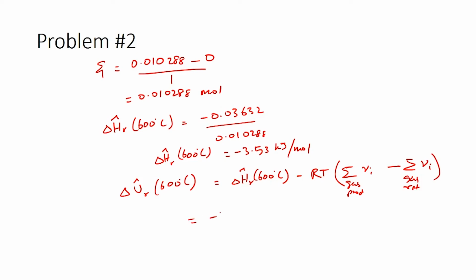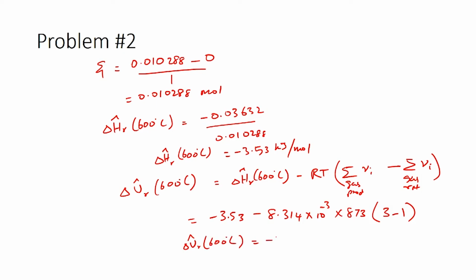So, this would mean minus 3.53 kilojoules per mole minus 8.314, which is the value for R, times 10 to the power minus 3, because everything is in kilojoules and I am converting it into appropriate units, multiplied by the temperature, which is 873 Kelvin, times the gaseous products, which are 3 moles. So, 1 plus 1 plus 1 minus 1, which is the reactant. This would give delta UR at 600 degrees Celsius as minus 18 kilojoules per mole.